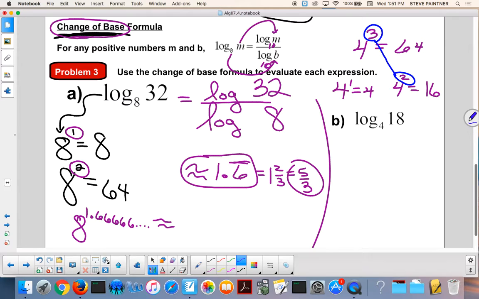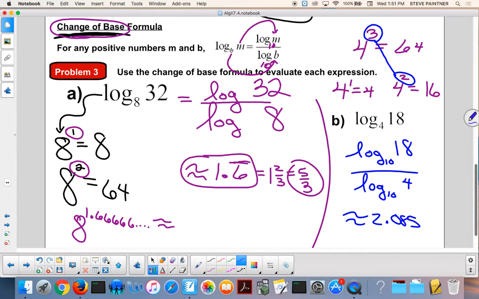Okay, so now I would change the base to base 10. I don't have to put the 10 there, but I just did. Just to make you guys happy. 2.08. Keep going. 2.08 what? 5. Okay, so you're saying the answer is roughly 2.085.